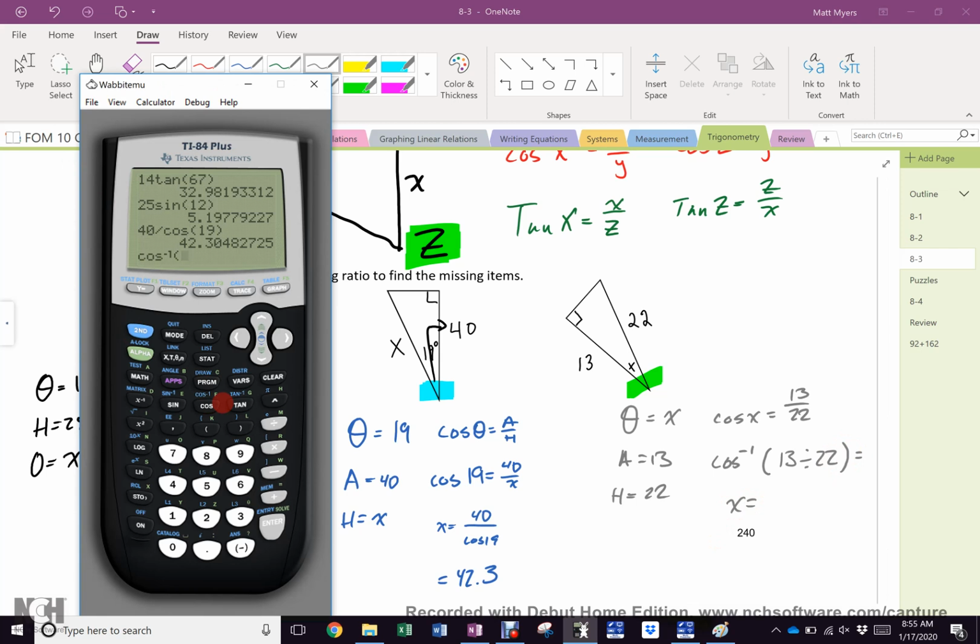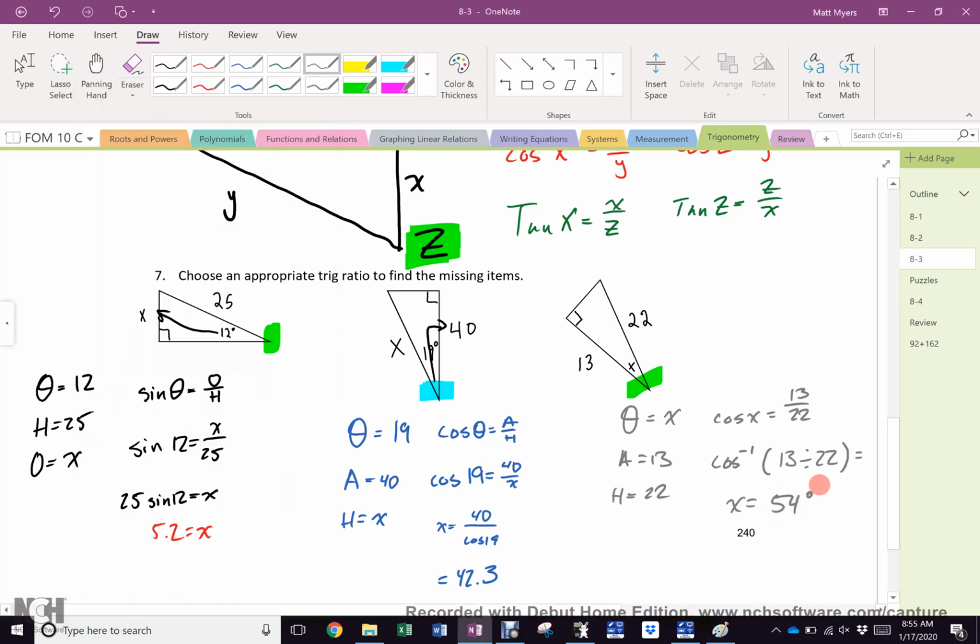So it is 54. Let's check. Shift cos. Mine gives me the bracket. 13 divided by 22. I close brackets because I want to get in that habit. 53.77, which is 54 degrees.